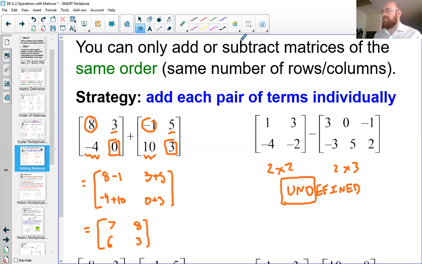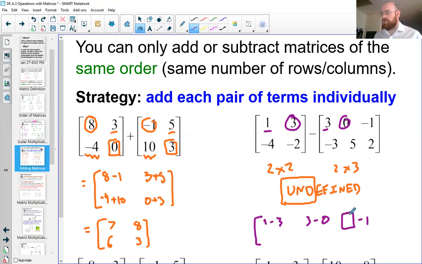The reason why this doesn't work is if I try to write this out, we would have 1 minus 3, 3 minus 0. That's combining our first two numbers. But then we have this blank because there's no third column in our first matrix.